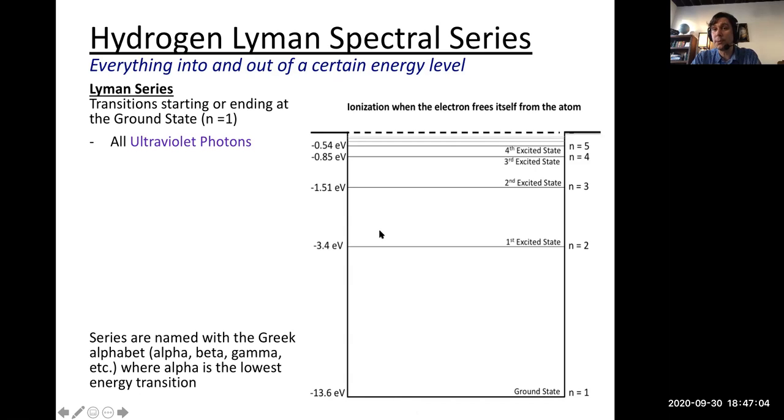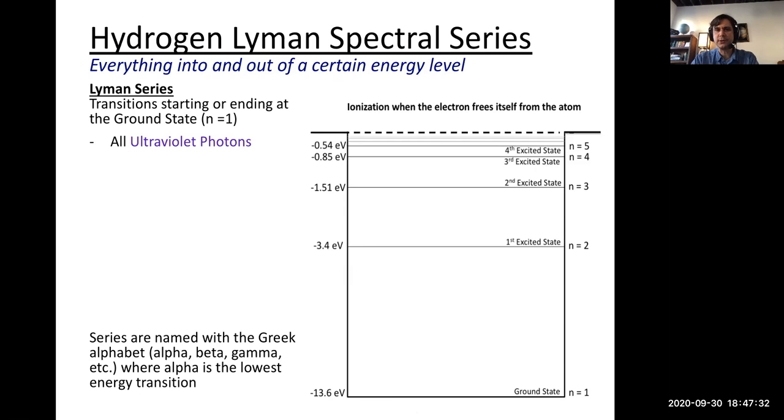Let's absorb photons, because to go from a low energy to a high energy, we'd have to absorb a photon that has the exact right amount of energy, 10.2 electron volts, to do this first jump. I want to note that everything we're going to talk about is about to be an ultraviolet photon, not visible light: higher energy than visible light, shorter wavelengths than visible light.